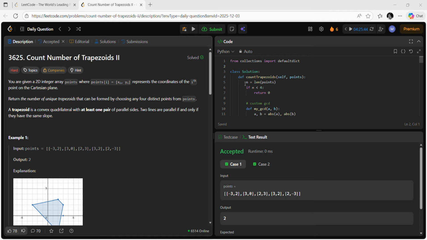So in lines 5 to 7, we compute the number of points and return early when fewer than 4 points exist. You need at least 4 distinct points to form any quadrilateral, or trapezoid. The complexity is O(1).